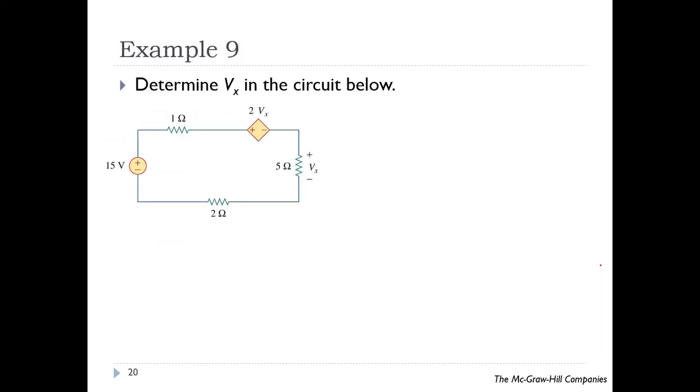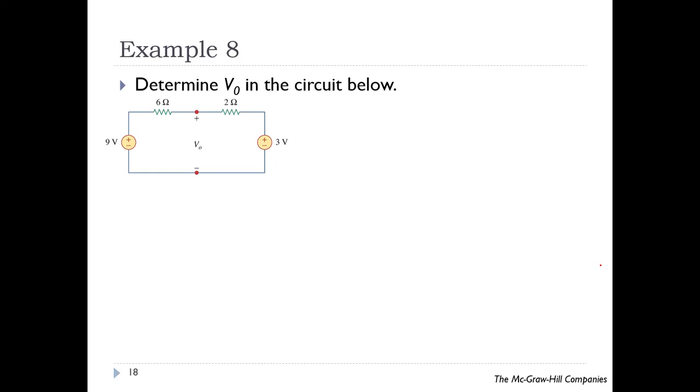Okay, for example 8, you were asked to find V0 in the circuit below. Okay, before you can solve for V0, how are we going to solve for this circuit?